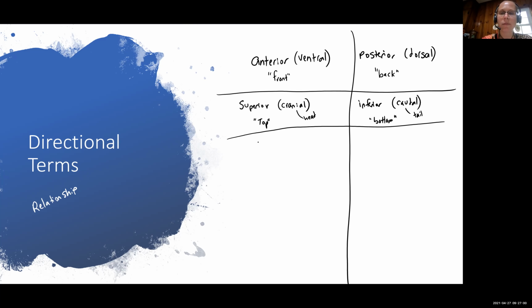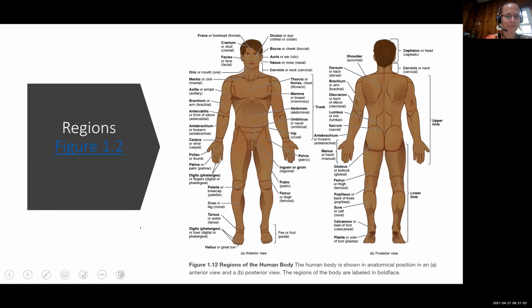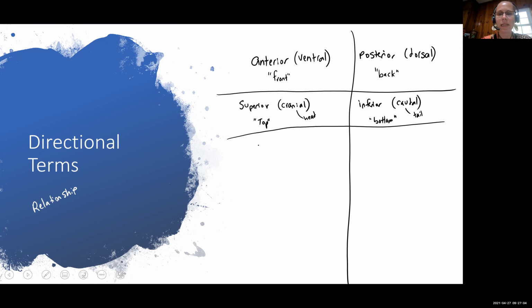Okay, next we have medial and lateral. Now, medial is talking about, we could say, the middle, or more accurately in the body, the midline.